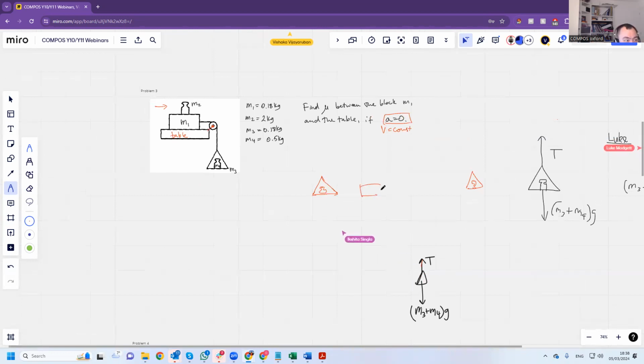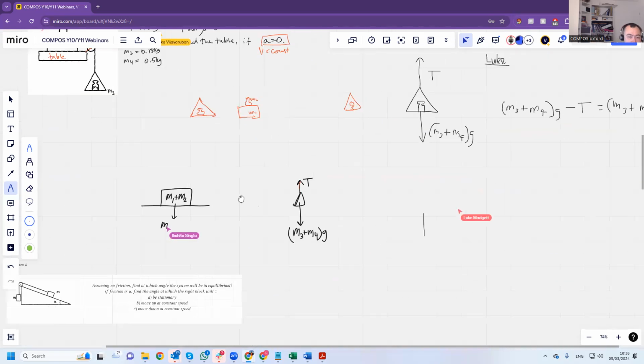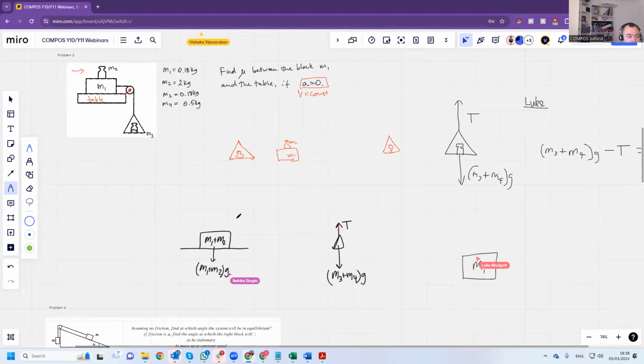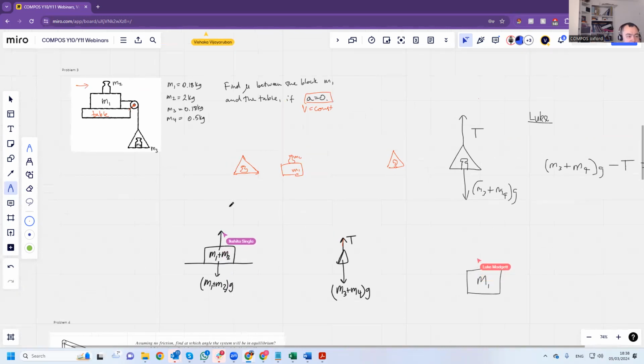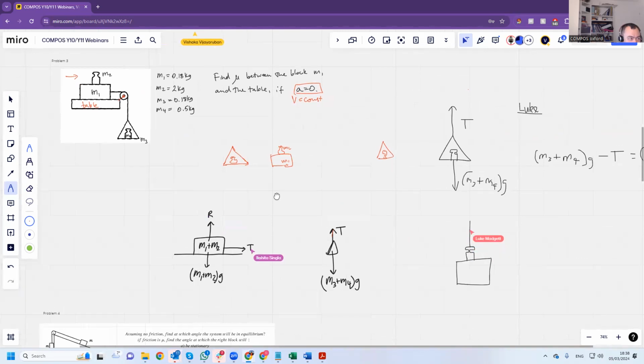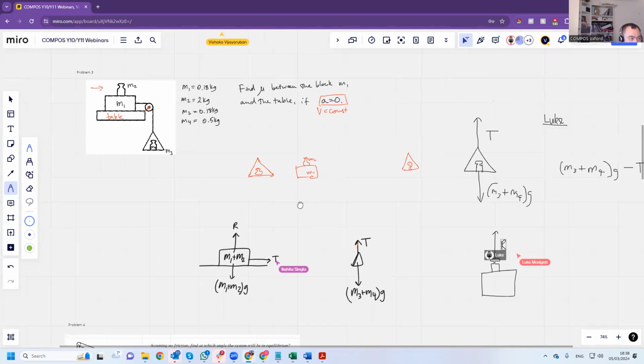So that would be the M1 block, the M2, you can consider them as a whole. Reaction force, very good.